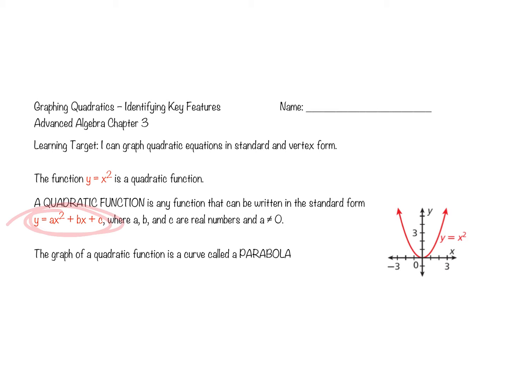The only restriction is that a cannot equal 0, because if a equaled 0, that term would go away and it would no longer be a quadratic function. And the graph of a quadratic function is a curve called a parabola. This is stuff we've talked about before, just a refresher.